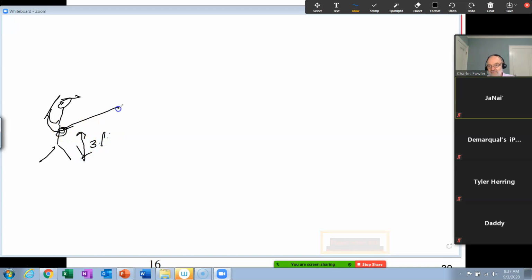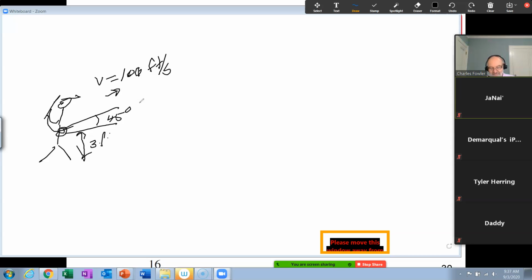And the ball takes off with a velocity of 100 feet per second. That's its velocity. Okay, the angle here, I didn't draw that too well. The angle here is 45 degrees. Now, that doesn't look like a 45-degree angle, but my drawing is terrible. Okay, that just gives you a picture of what's happening.